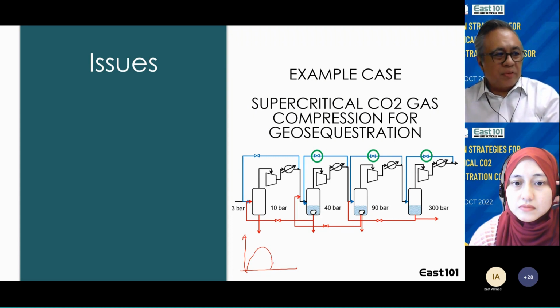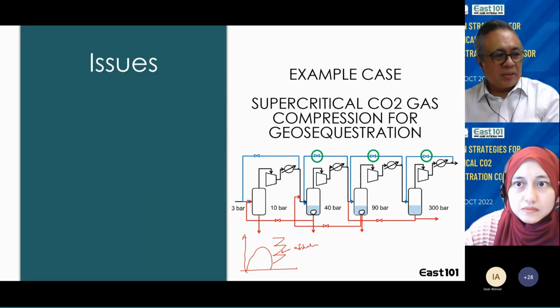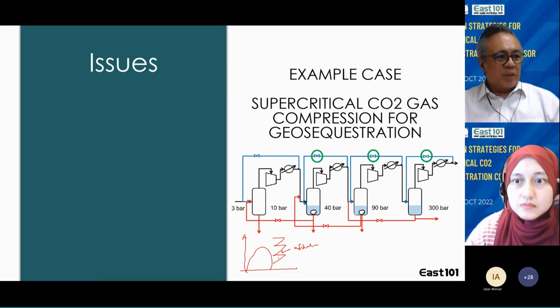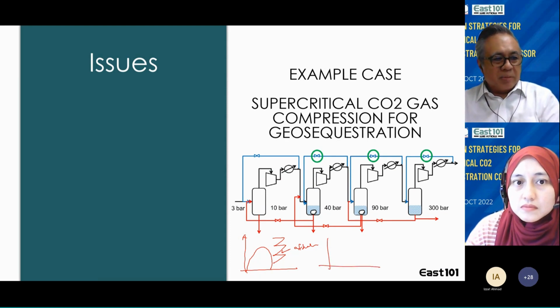So normally, for example, we'll be going something like this. This part will be the aftercooler. Then we compress. Sometimes you might end up something like this as well, in the two-phase region.